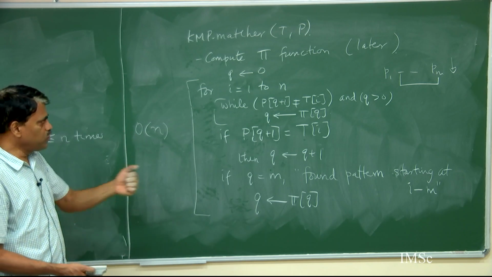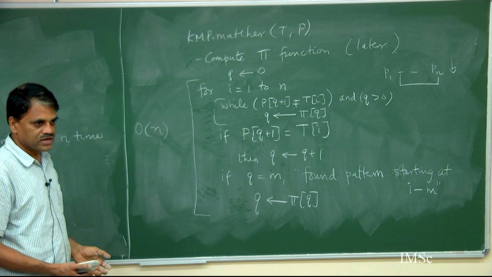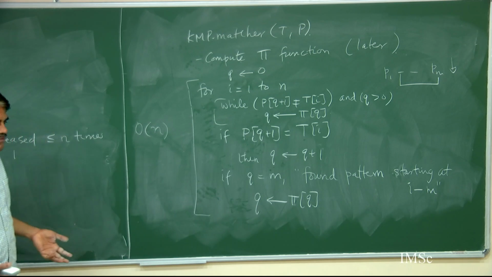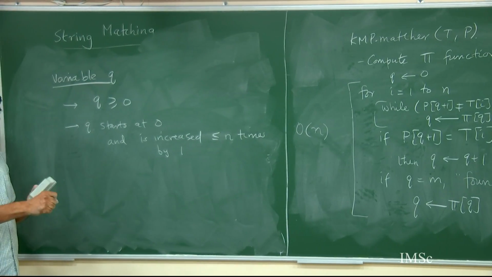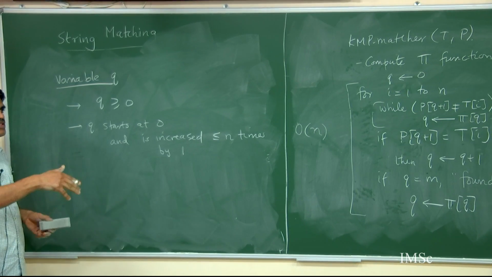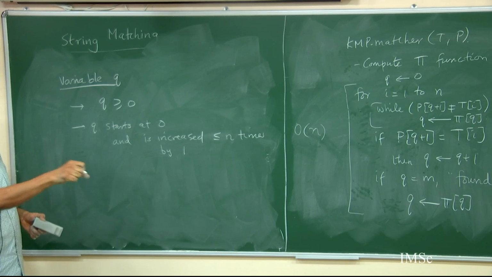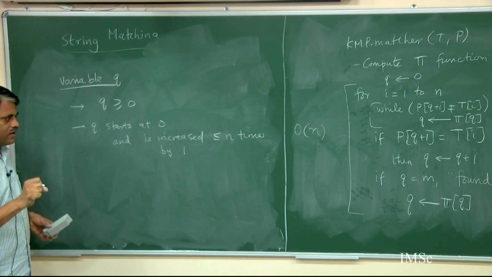So Q gets strictly decreased, but given these two conditions, you can't decrease it by much. Q is slowly going up, it can go only up to n, and this while loop is pulling it down.